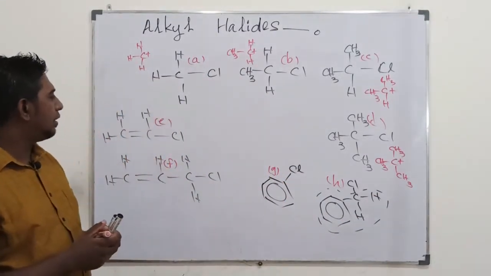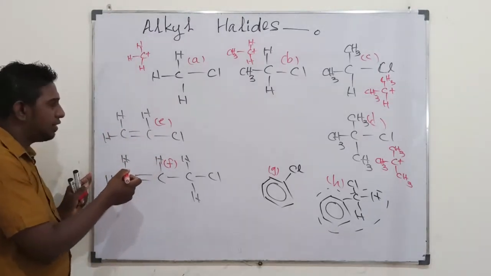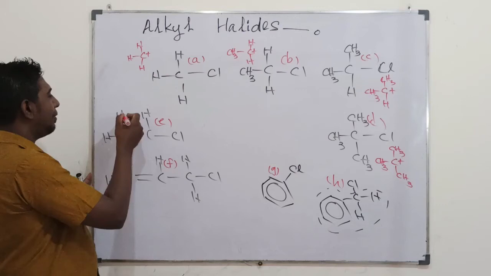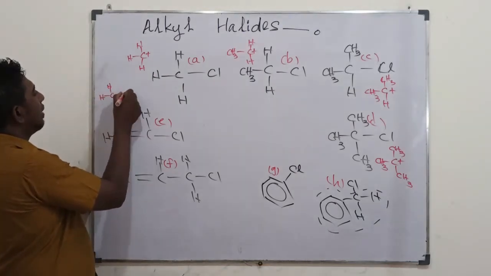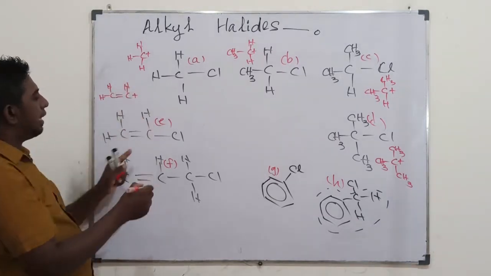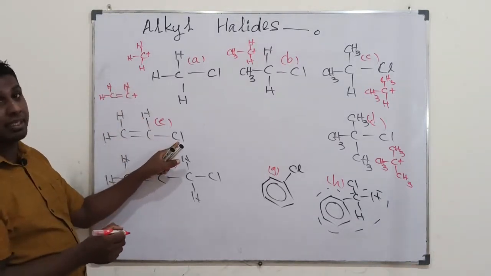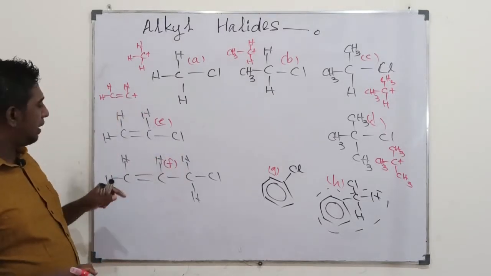Then students, similarly, when you talk about this substance, this is a vinyl chloride, right? You would get this resulting when it leaves as Cl minus. If it leaves, then you would get a positive charge here.